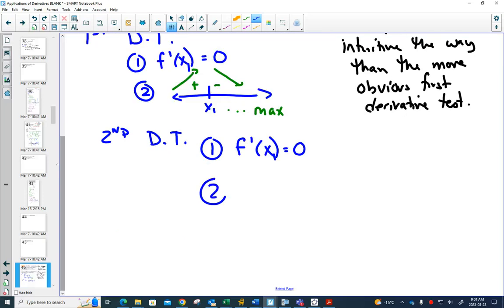Instead, I am going to plug x1 into my second derivative and find out what happens. For example, you plug it in and you get a number. You can write something, but I'm going to pretend that I got 3. We don't know what we'll get when we plug in a number, but let's pretend we got 3.